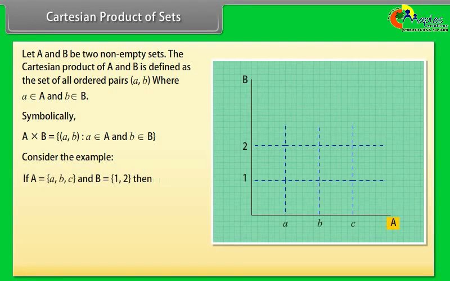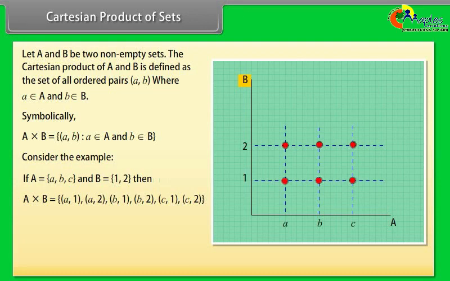If A is equal to {a, b, c} and B is equal to {1, 2}, then A cross B is equal to {(a, 1), (a, 2), (b, 1), (b, 2), (c, 1), (c, 2)}.